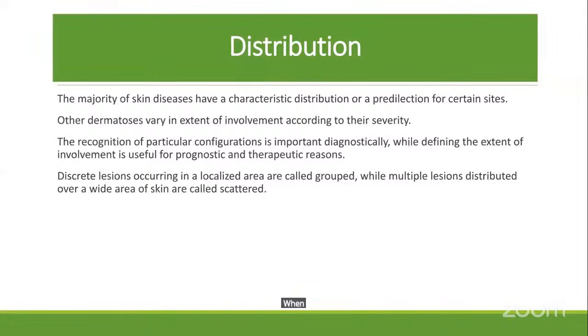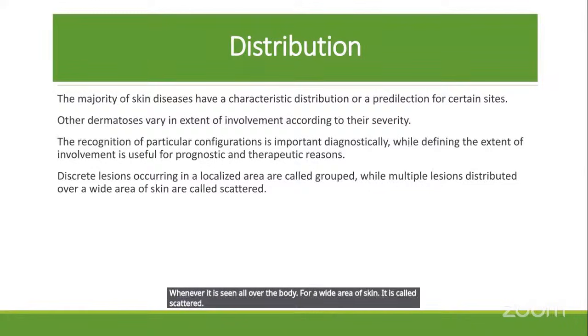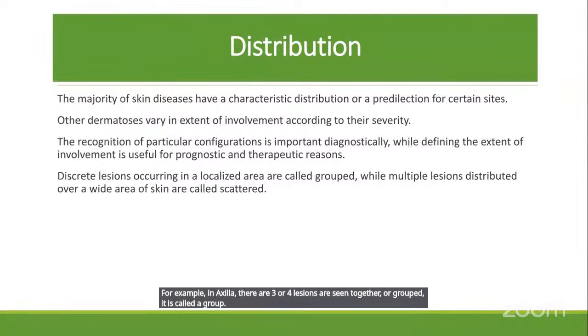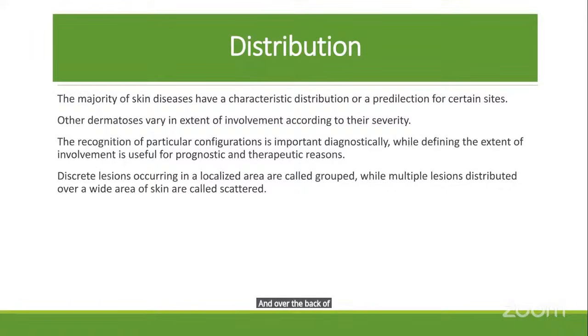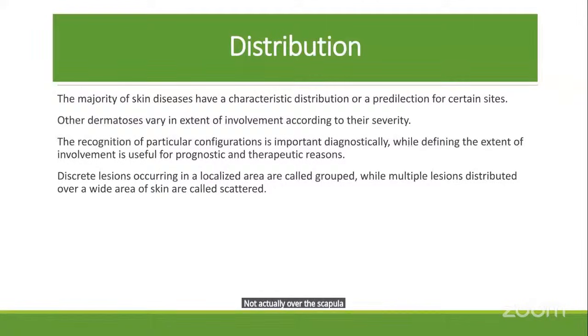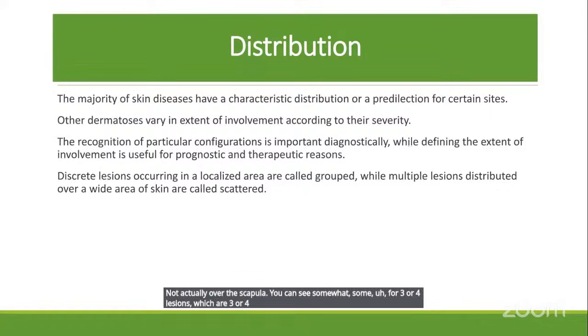Whenever it is seen all over the body or a wide area of skin, it is called scattered. For example, in axilla, there are 3 or 4 lesions seen together, or grouped. It is called a group. And over the back of your body, for example, over the scapula, you can see 10 or 12 lesions which are scattered, which are seen separately.